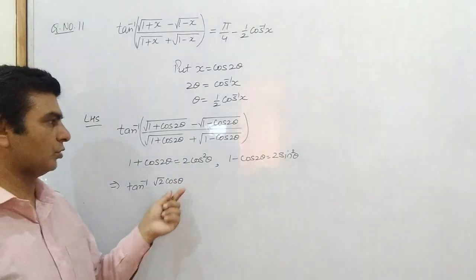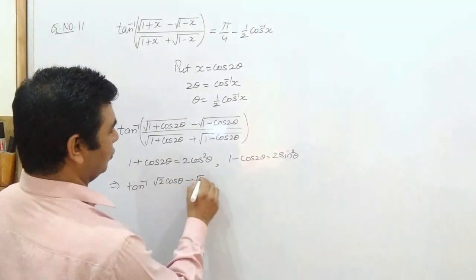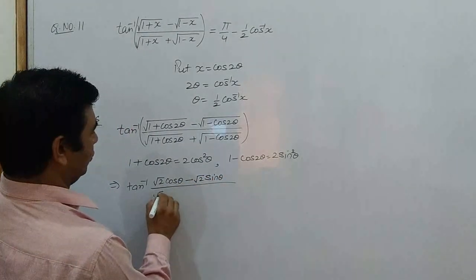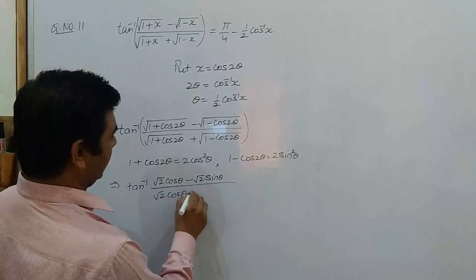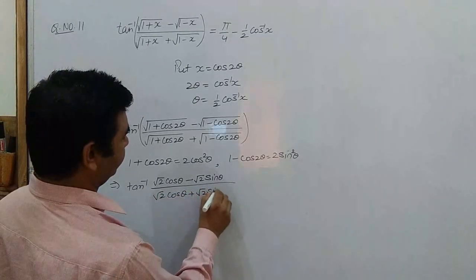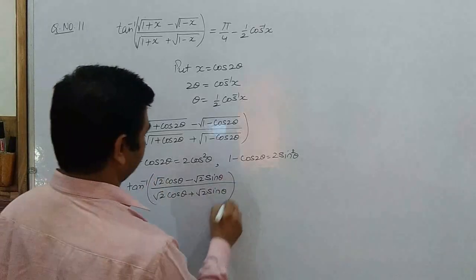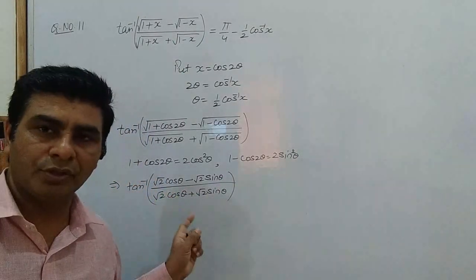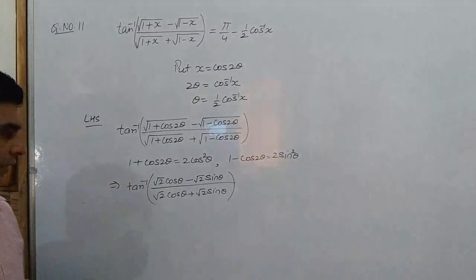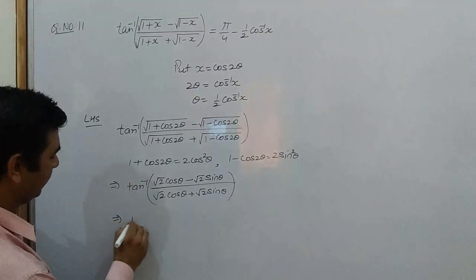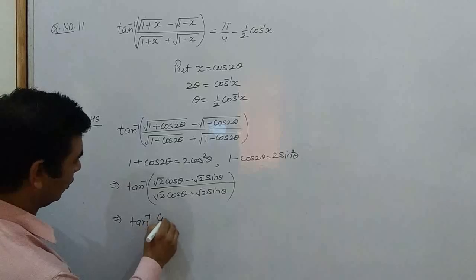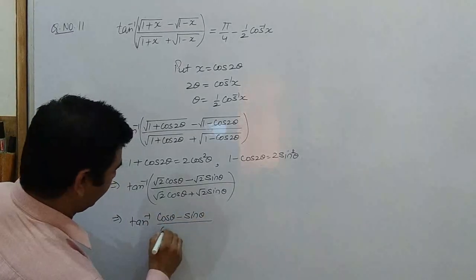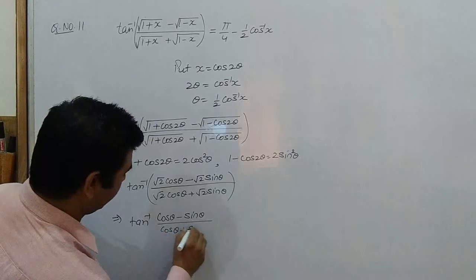So this is root 2 cos theta minus root 2 sin theta divided by root 2 cos theta plus root 2 sin theta. You can see from numerator as well as denominator root 2 is common and that will be cancelled out. So the remaining term will be tan inverse of (cos theta minus sin theta) divided by (cos theta plus sin theta).